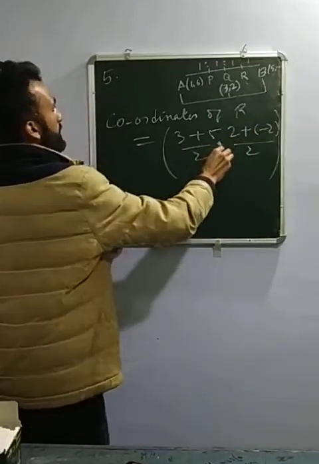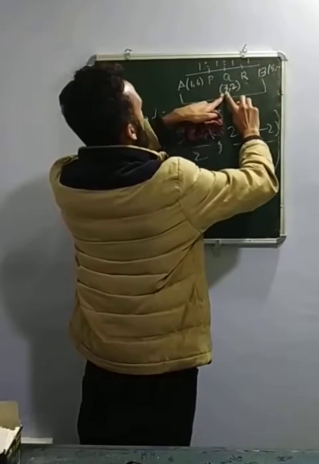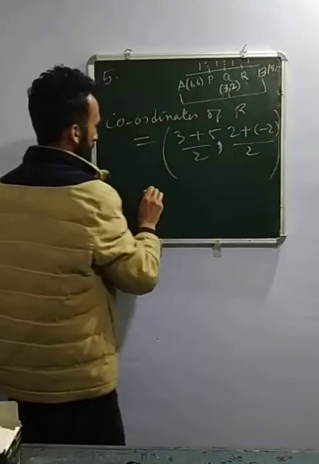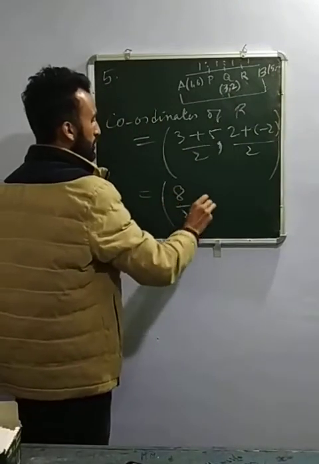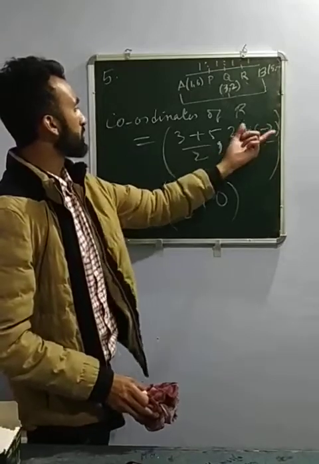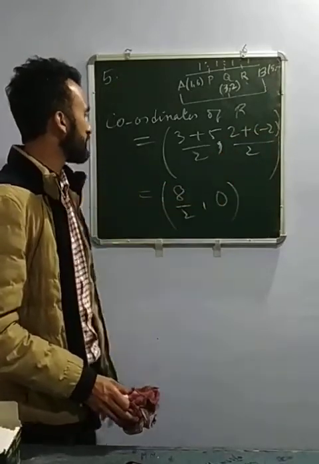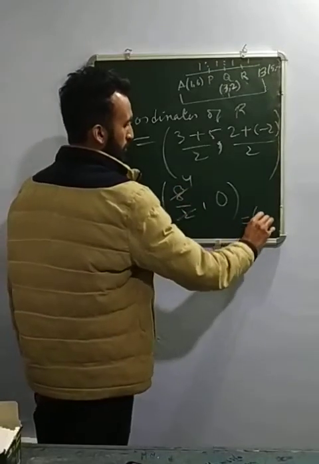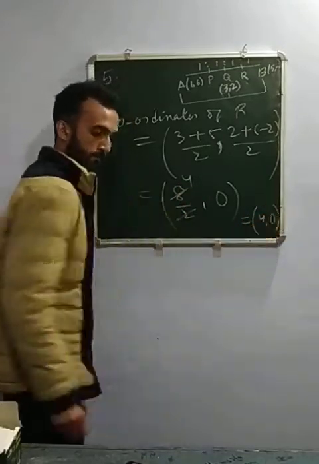Very simple. See, R is in the middle of QB. 8 by 2, comma 0. Why 0? 2 minus 2 is 0, and 0 by anything is 0 only. So the answer is 4, comma 0.